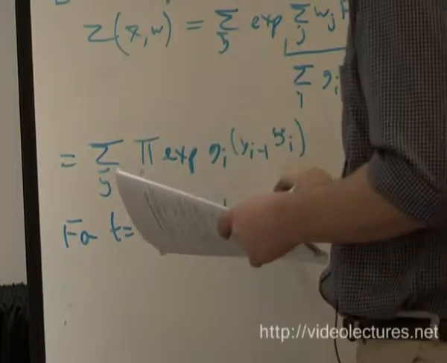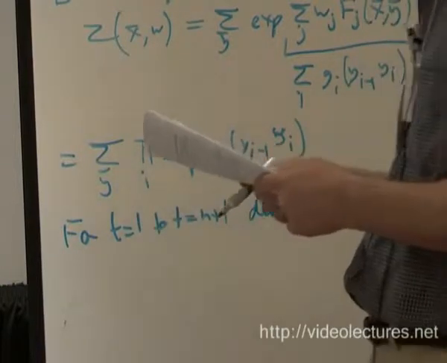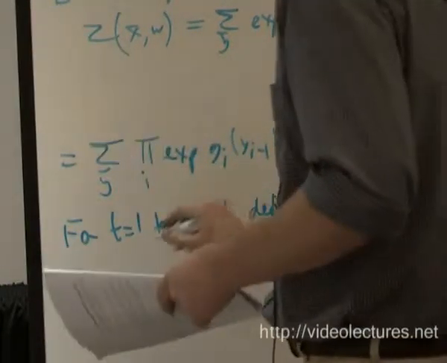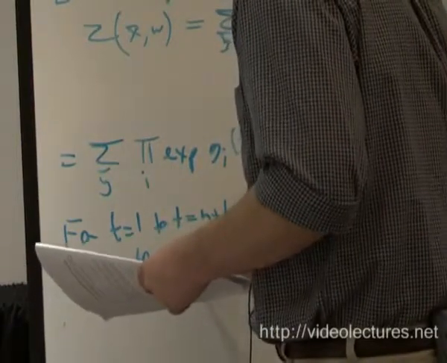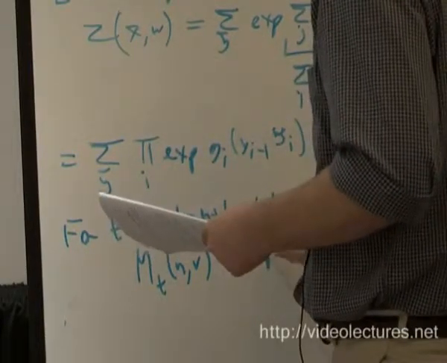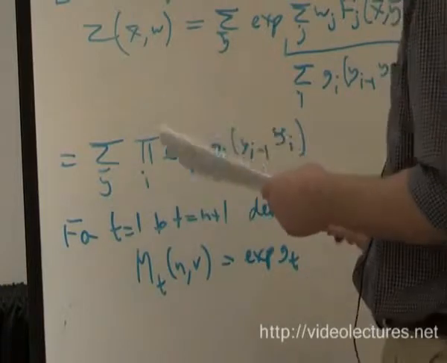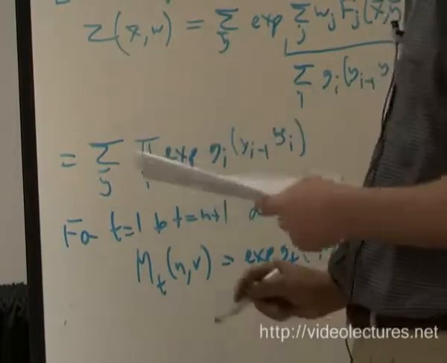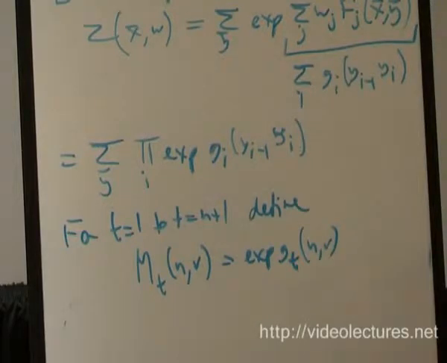I'm going to define M sub t of u, v as the exponential of g_t of u, v. So remember I said my g function, there's a different g function for each i, or different g function for each t, but each of those g functions I can represent as an m by m matrix. So I'm doing the same thing here, just with slightly different notation.